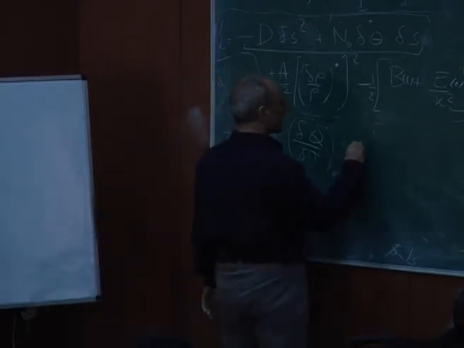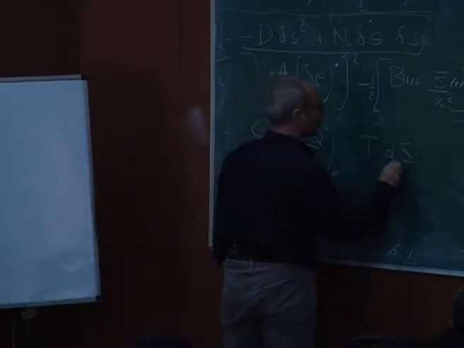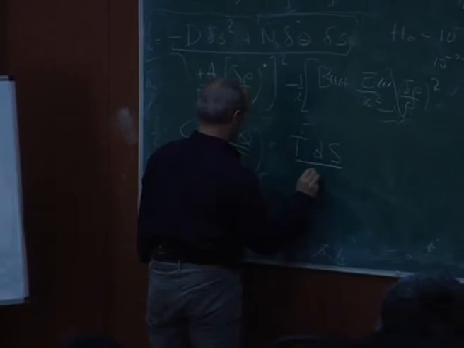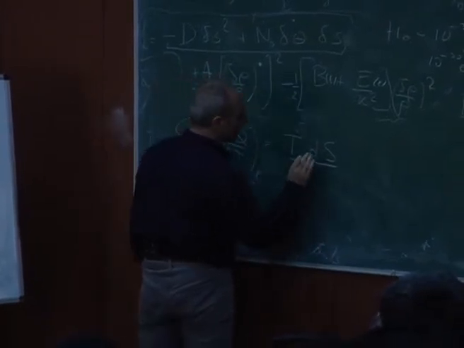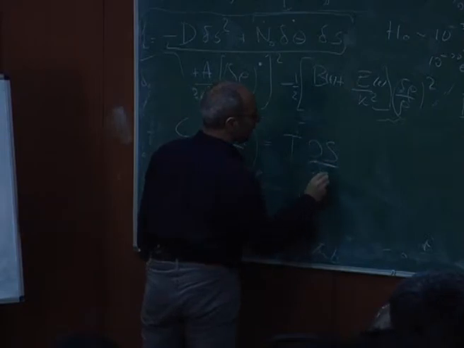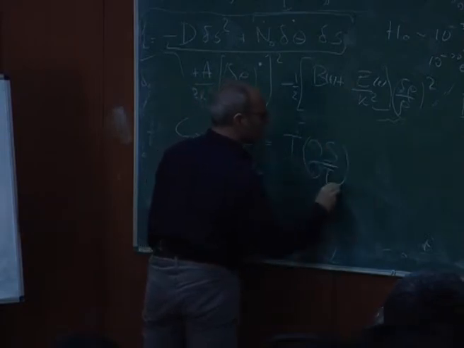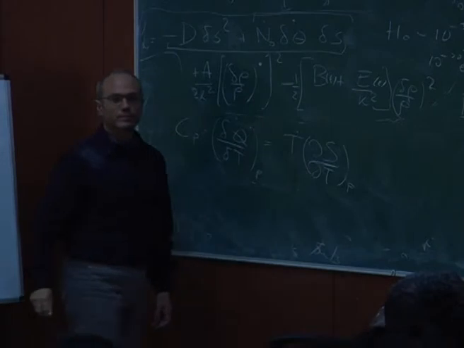Now, delta Q is T ds, so this one becomes ds divided by dt at constant pressure. Okay?